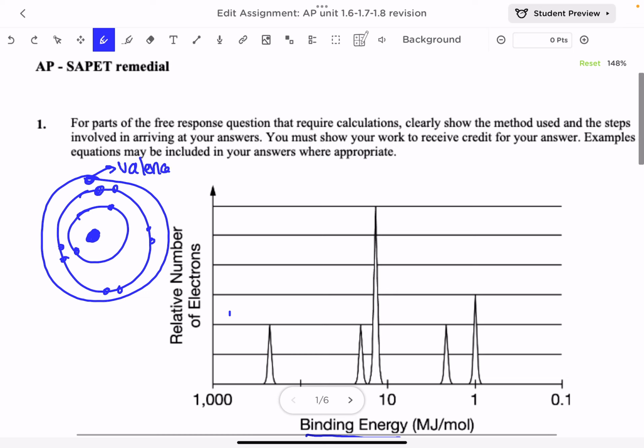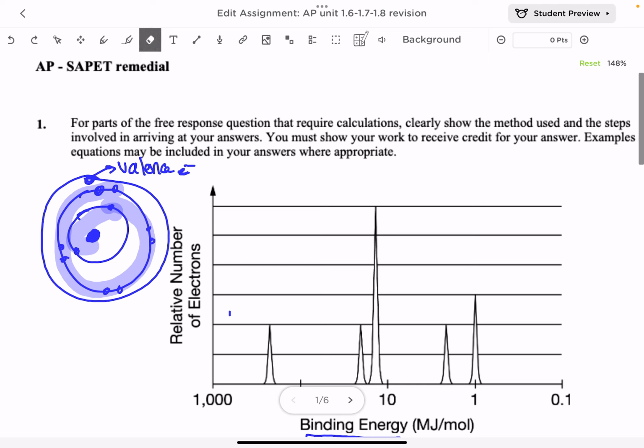This is a valence electron, whereas all the electrons in here are inner electrons. The inner electrons are more affected by the attractive pull of the nucleus. In other words, the further the electron from the nucleus, the less its binding energy. The closer the electron to the nucleus, the higher the binding energy.